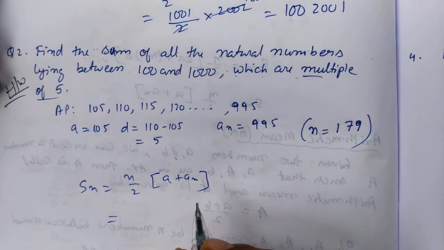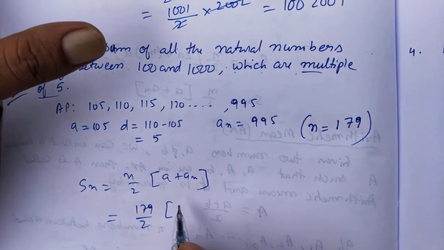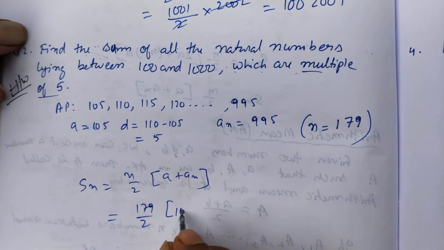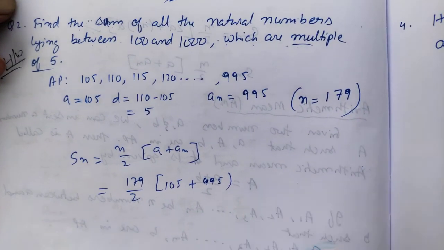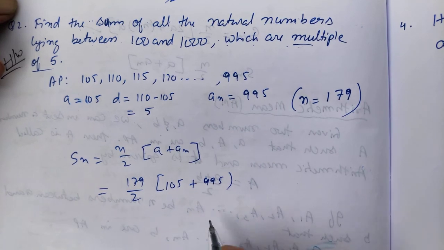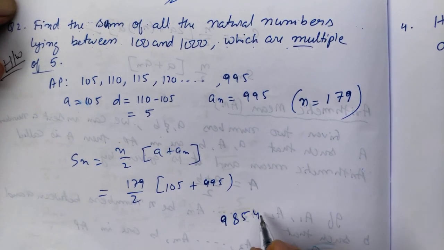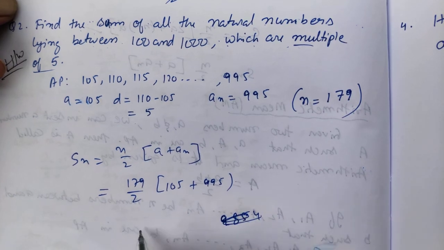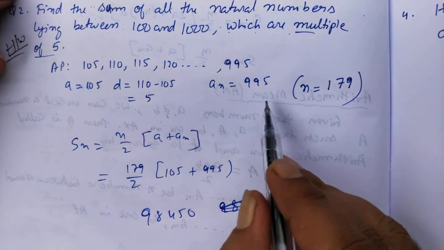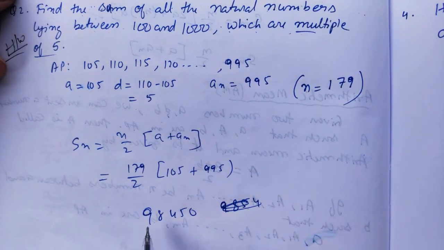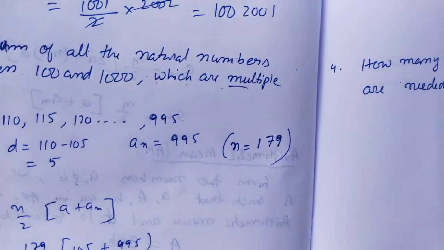I'm just giving a hint: 179 by 2 into (a plus an). a is 105 plus an is 995. Your final answer must be 98450. First find n, then find Sn, okay. Your answer will be 98450. Let's do the next question.